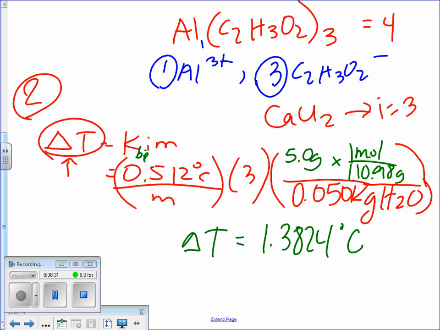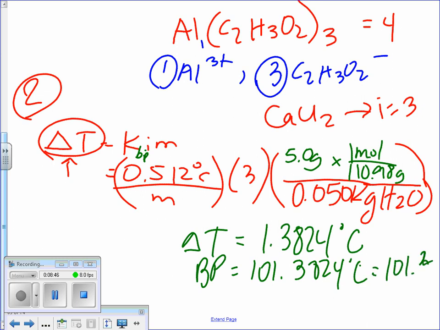So we're going to take our normal boiling point of water, which is 100, and add the delta T to that. So then what's the new boiling point? 101.3824 degrees C. So I'm going to go with 101.4 degrees C. That's going to increase the boiling point of our water.